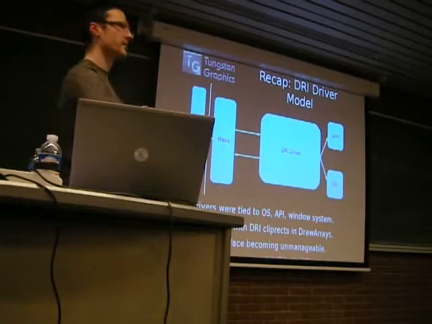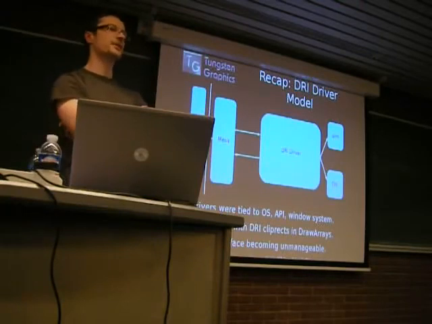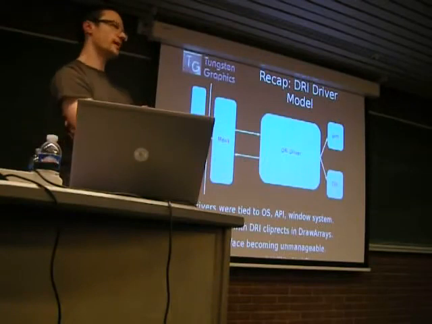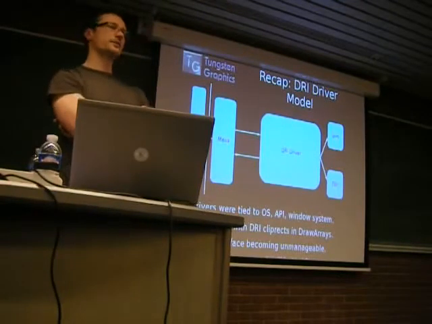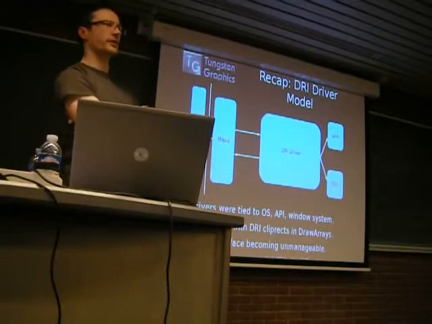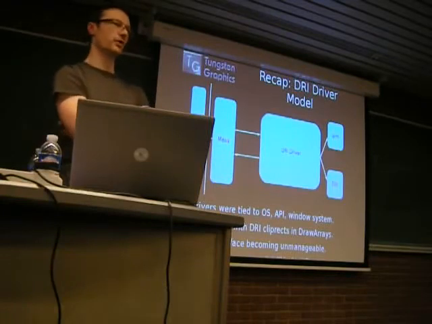The DRI drivers over the years have gotten larger and larger as they've had to deal with more and more aspects of the peculiarities of OpenGL, the peculiarities of our interaction with the X server, with the kernel module, and so forth.